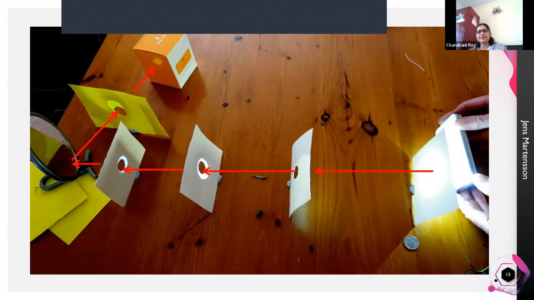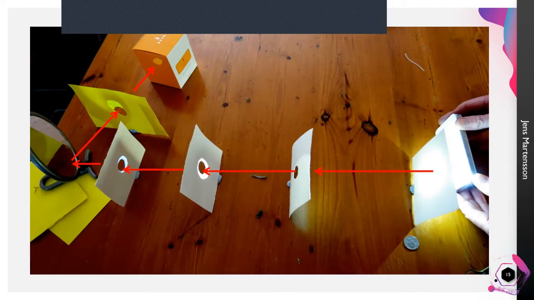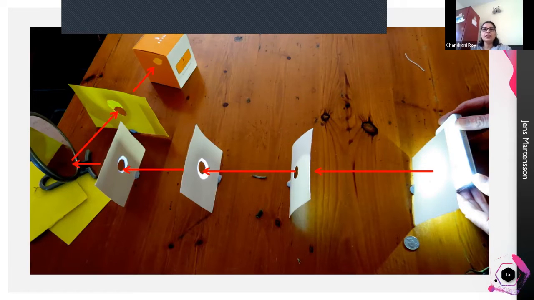And this is another activity which is very similar to the previous one, but here there is a slight difference. Now I will allow you to look at this arrangement for a moment, and I think it is quite self-explanatory. Here we understand the role of mirrors as reflecting surfaces.